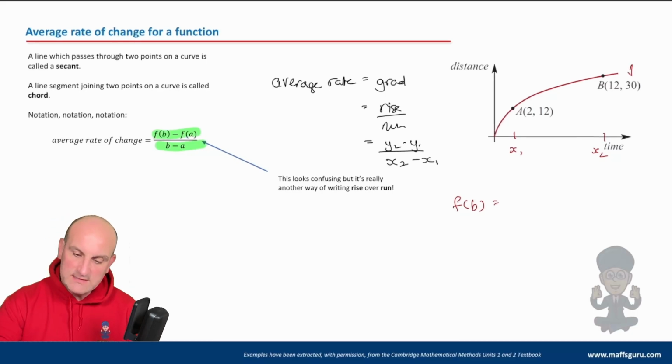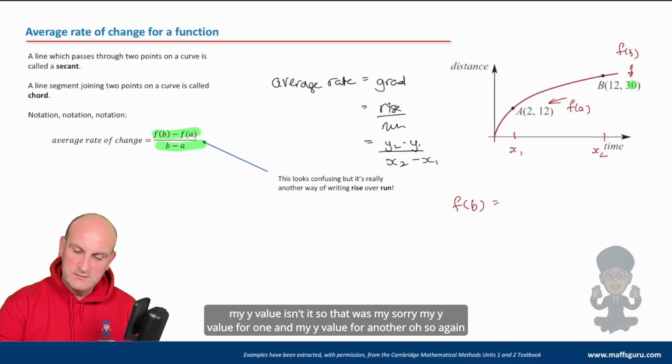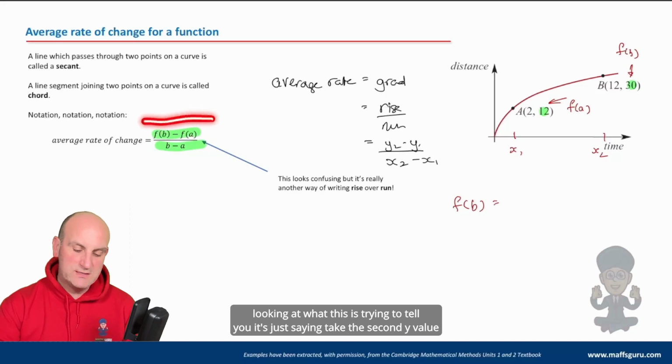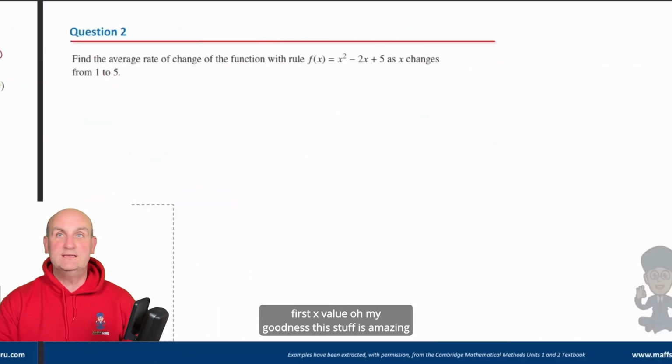So basically, this value here is otherwise known as f of b, and that 12 there is known as f of a. Well, that's my x value and my y value, isn't it? So that was my y value for one and my y value for another. So again, looking at what this is trying to tell you, it's just saying, take the second y value, and then subtract the first y value, and then divide it by the second x value minus the first x value. Oh my goodness, this stuff is amazing.